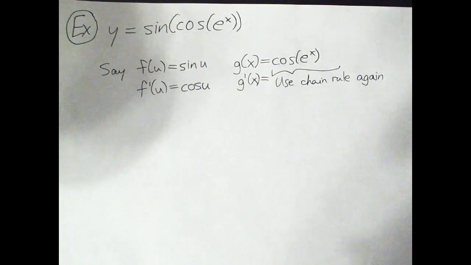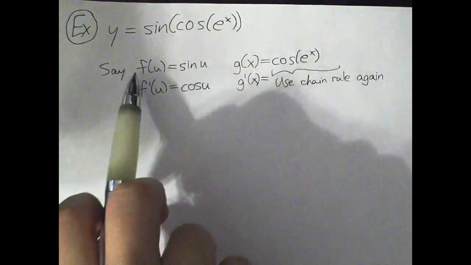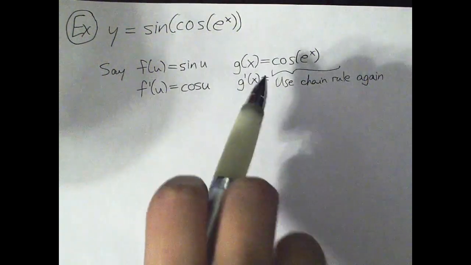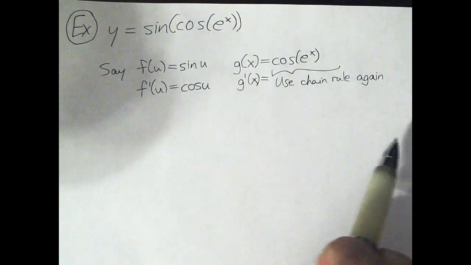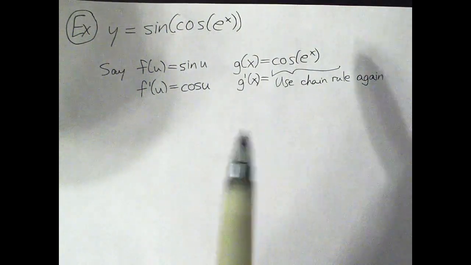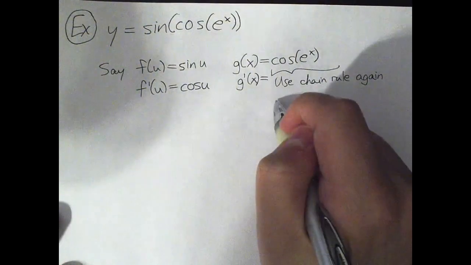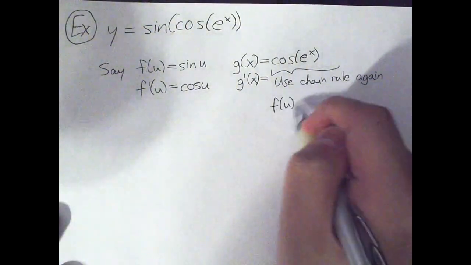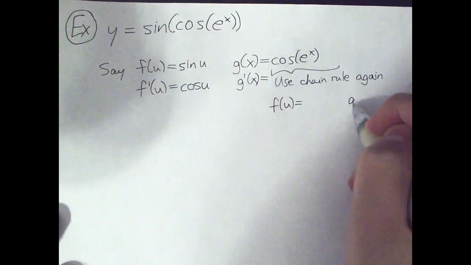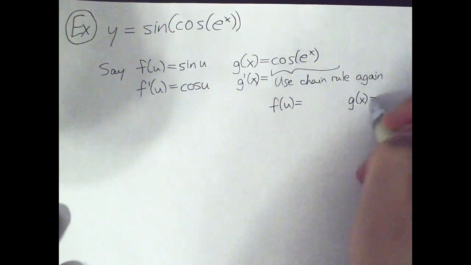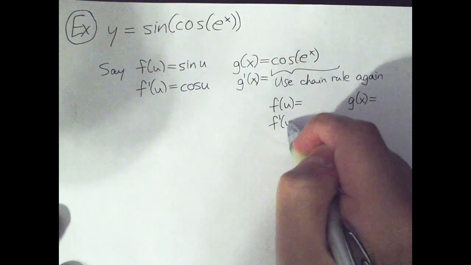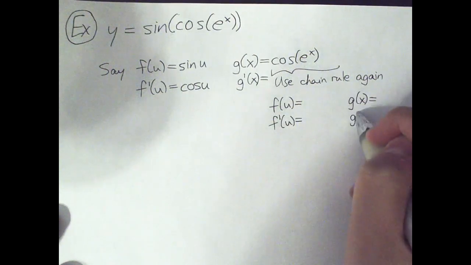We already have some stuff on our page that's called f of u, g of x, f prime, g prime. So are we going to do that again here? Well, you have 2 options. First of all, you could do that. You could say f of u, g of x, f prime of u, g prime of x.